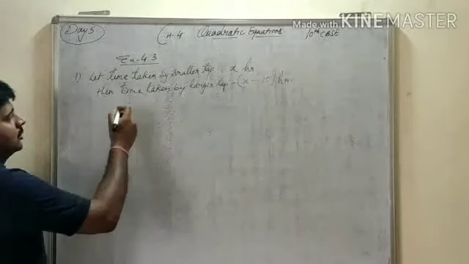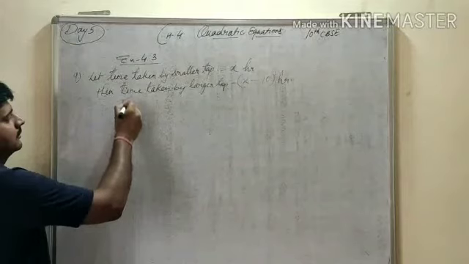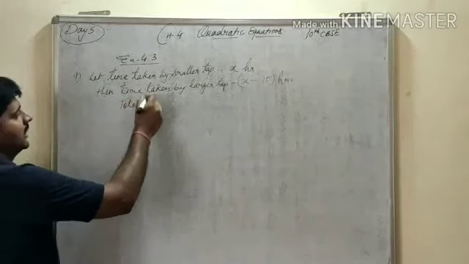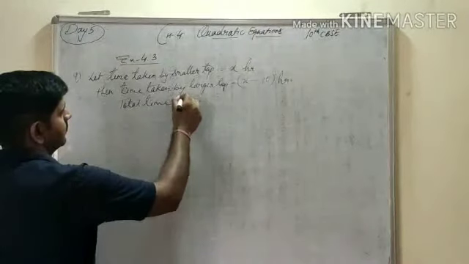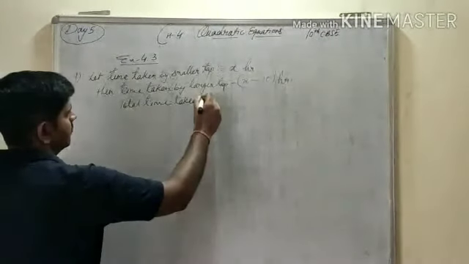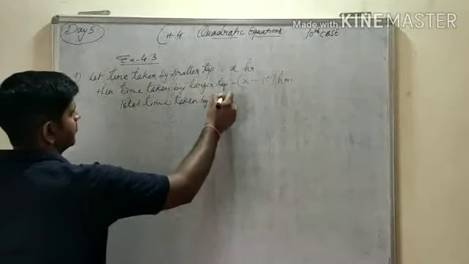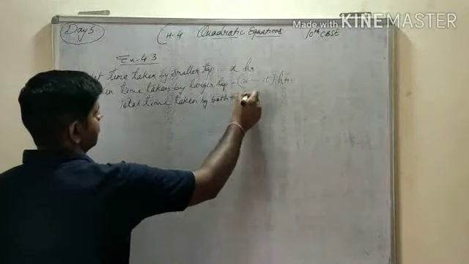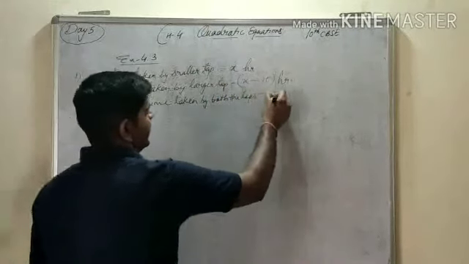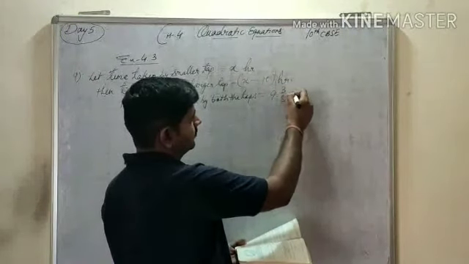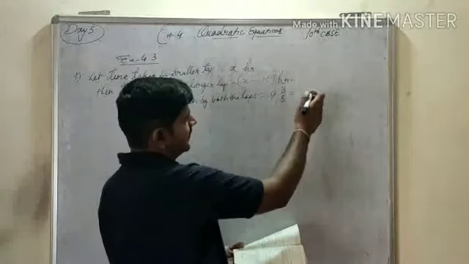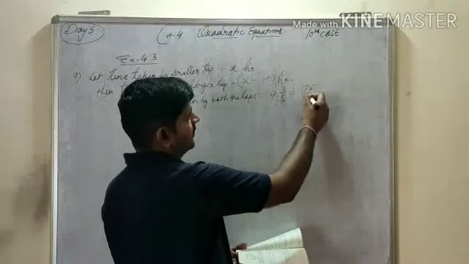And total time taken by both the taps is 9 hours 3/8. That can be written as 75/8 hours.